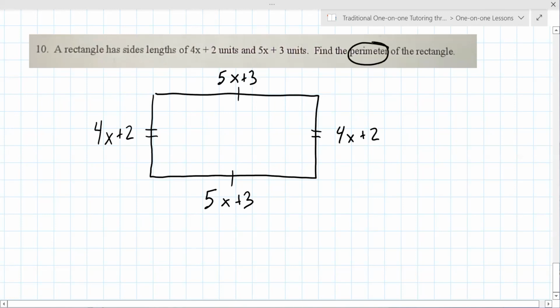And same thing here. They want you to find the perimeter. So it's a walk all the way around. You've just got to add up all of these expressions. Okay. So why don't you work that out and let me know what you come up with. Okay. 18x plus 10.